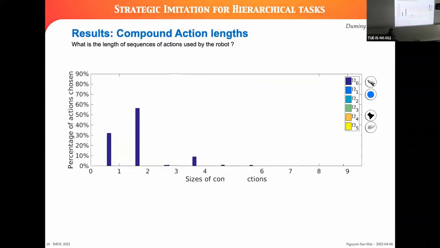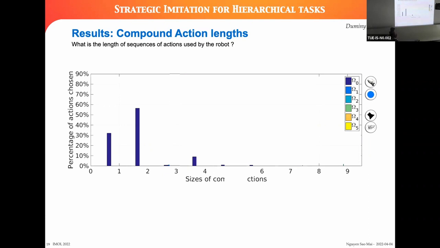So if we look at how the robot does it, here we plotted the number of actions that are used to solve a task. In blue are the histograms of the policies that it used to solve the control of its end effector. And we can see that most of the time it uses actions of length 1 or 2.